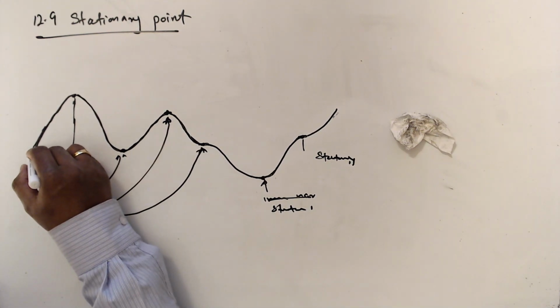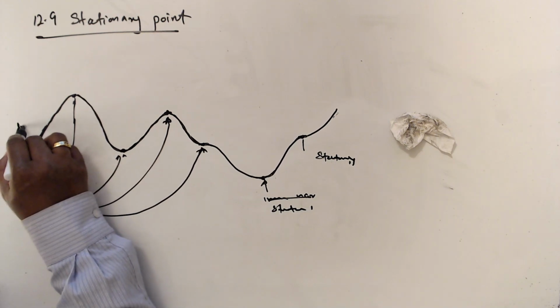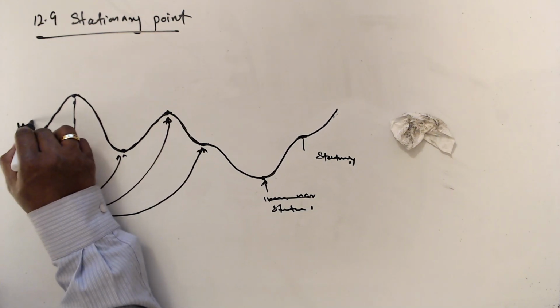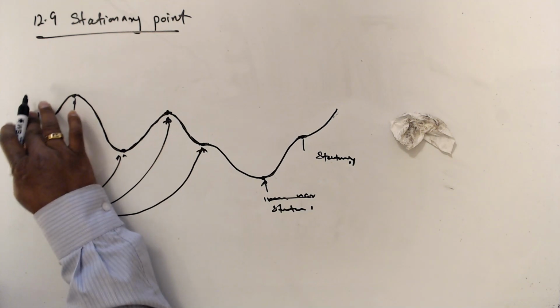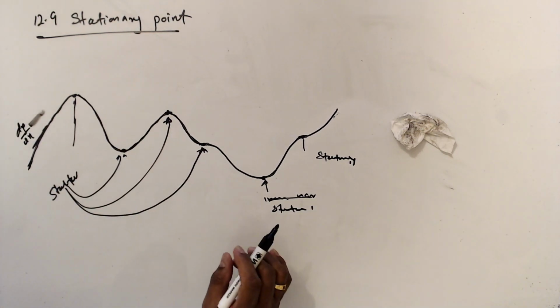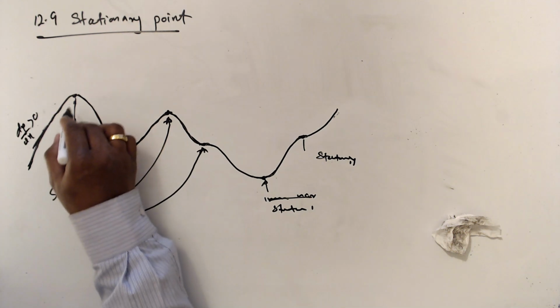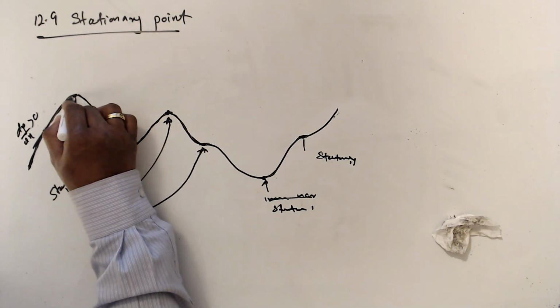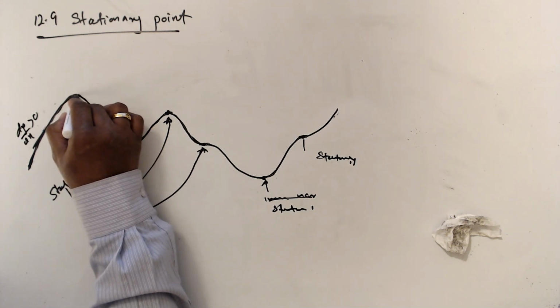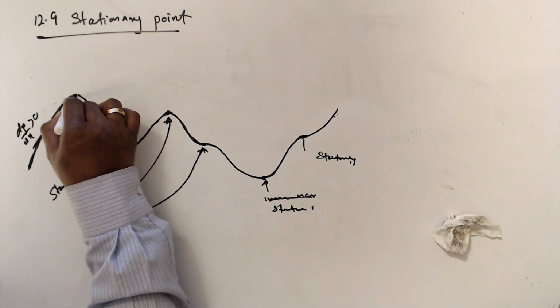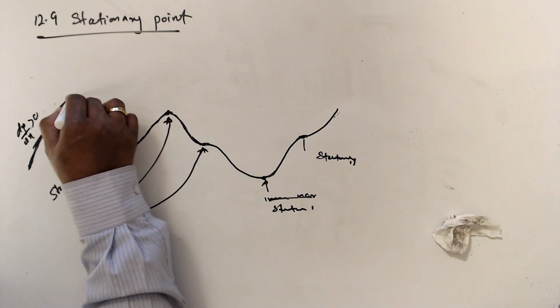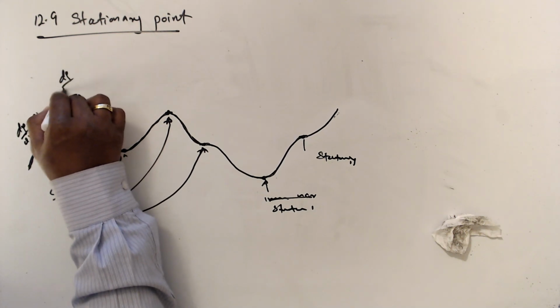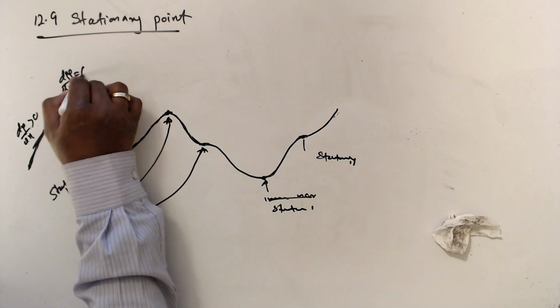So if it is increasing, what do you know? dy/dx is greater than 0. Up to here, dy/dx is greater than 0. Then at this point, it is stationary, which means dy/dx equals 0.